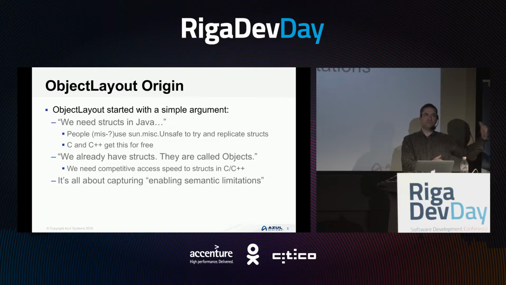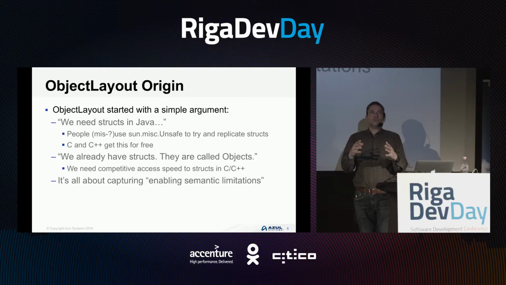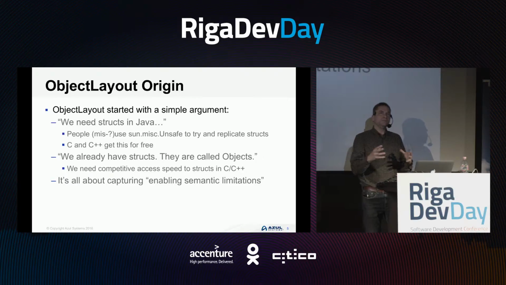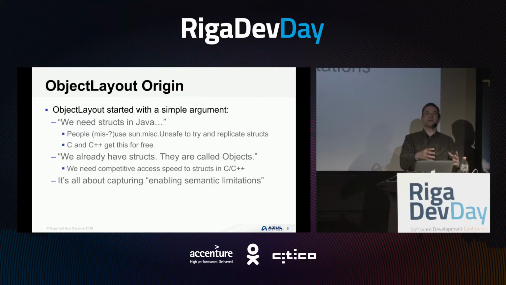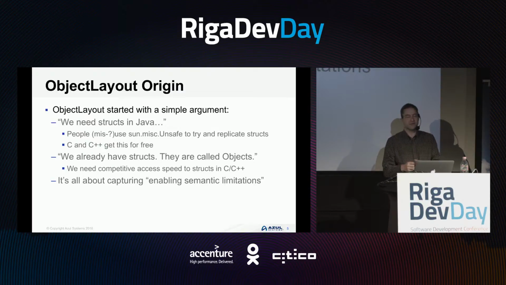You can have ints, you can have chars, you can have strings, whatever. So what's the big difference? Well, it's all about saying, how do we capture the way that structs work in Java in such a way that you can improve the performance of objects without having to change your code. And that's the really key thing, is how to figure out a way of doing this without having to change your code.